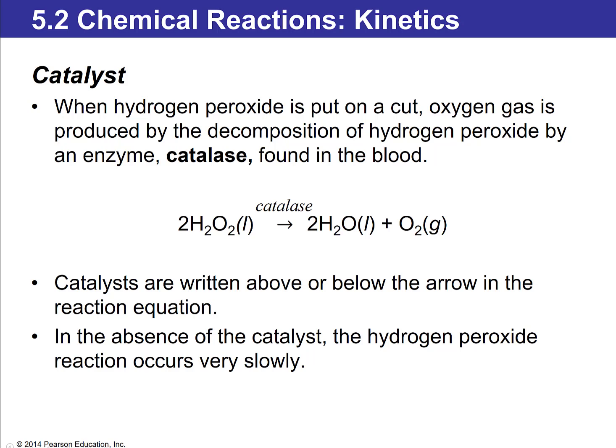But if there's a cut, then in that fluid is this enzyme, and this enzyme will speed up the breakdown of peroxide into water and oxygen. But in this breakdown, you get the breakdown of tissues within that area. It's an oxidizer, so it is going to give oxygen to other molecules in this reaction. And so that's why you use peroxide to clean a wound.